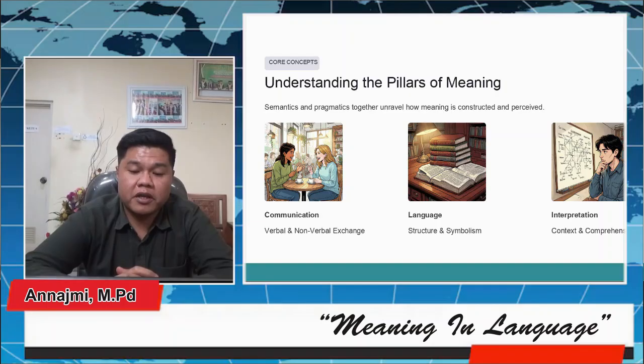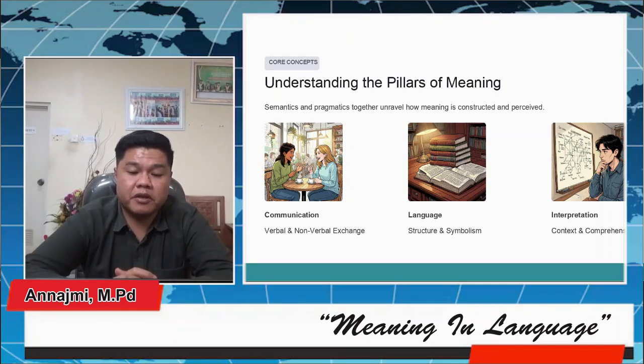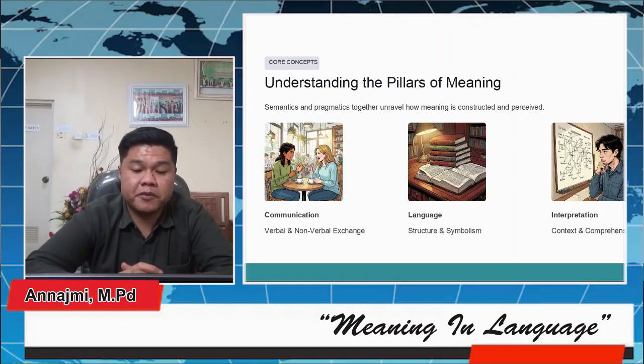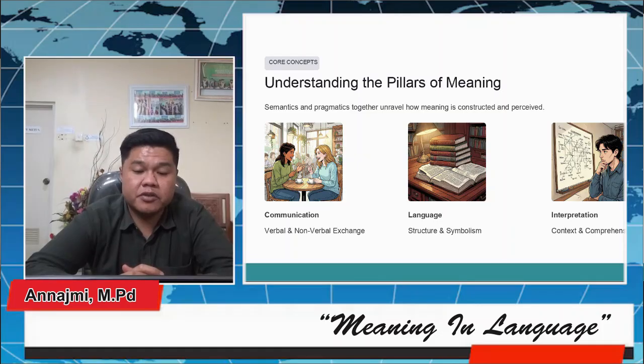Instead, our minds actively interpret what those words actually mean. Therefore, communication, language, and interpretation are inseparable. Communication uses language, and interpretation helps us understand the intended meaning behind language.